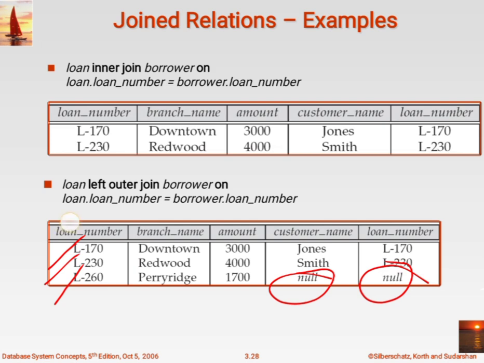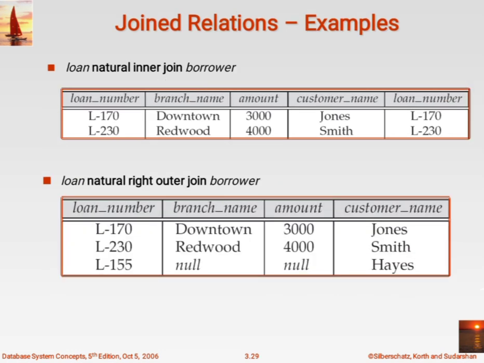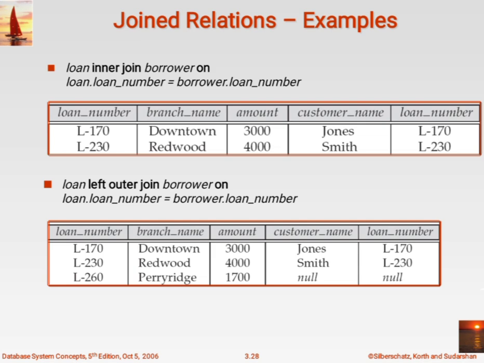That's why loan.loan number: what is the common attribute? The common attribute is loan number. So from the loan table the loan number and from the borrower table the loan number should be the same, and only then will it get applied. Likewise for the right outer join, I am getting L170, 230 and 155, but here I am having 170, 230 and 260.